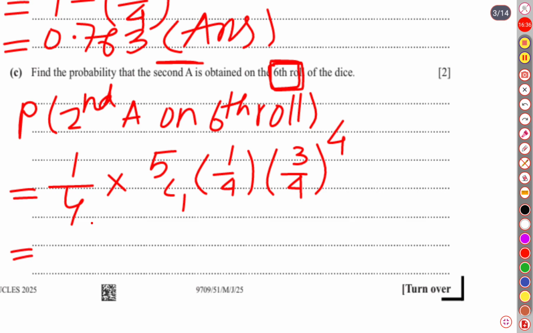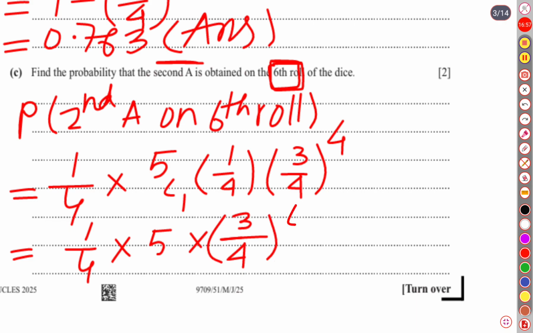So it is 5 choose 1, which is 5, times 1 over 4, times 3 over 4 to the power of 4.